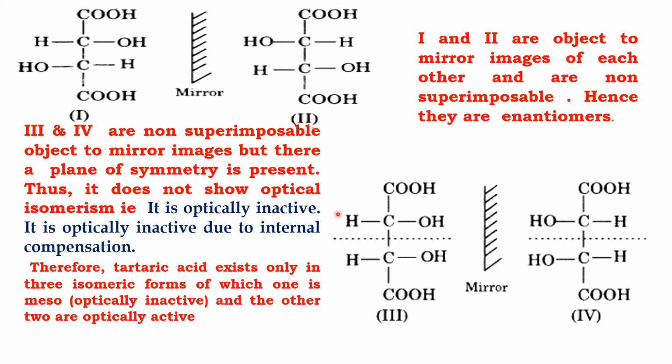That means the optical activity gets cancelled due to internal compensation. Such isomers or compounds which are expected to be optically active but, due to the plane of symmetry, remain optically inactive are called mesomers. So tartaric acid only exists as enantiomers and a mesomer.